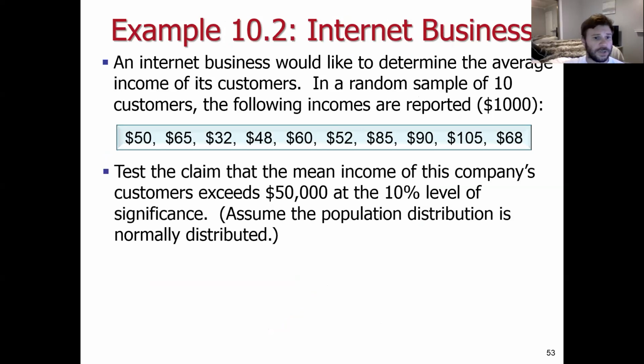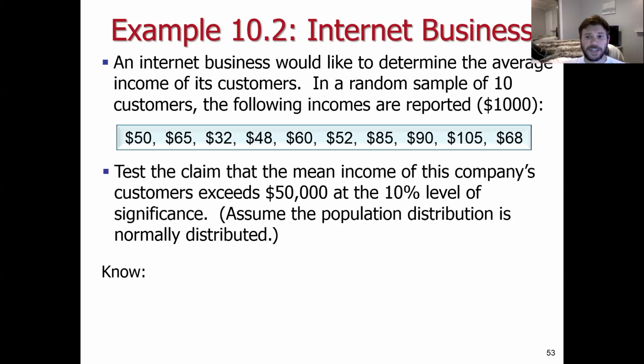So what we want to do here is test the claim that the mean income of the company's customers exceeds $50,000 at the 10% level of significance. So that's what we are trying to show here. And here's what we know. If you were to compute the sample mean from this data set, you would see it as 65.4, $100,000 really.